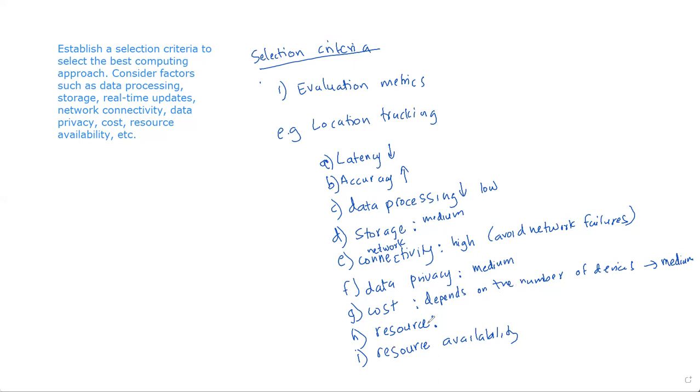Or else you can say low as well. I don't want to spend a lot of money. I will spend a very low amount of money on this, and based on that I will decide the amount of data processing that will be done, and the amount of storage, and so on and so on. So once you decide the cost as low, then other factors also need to be updated accordingly.